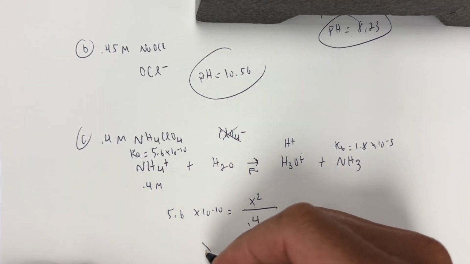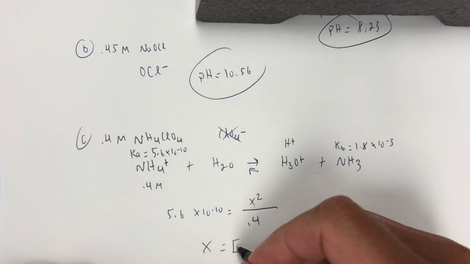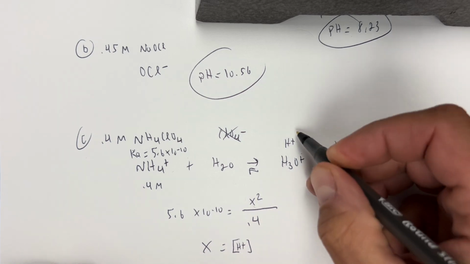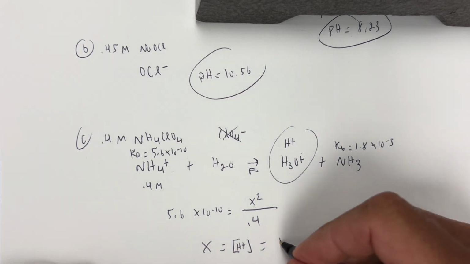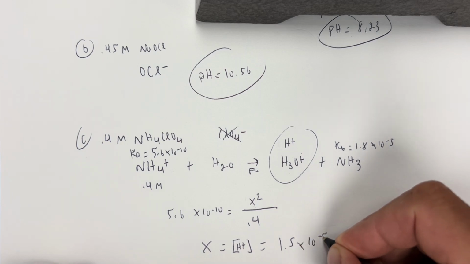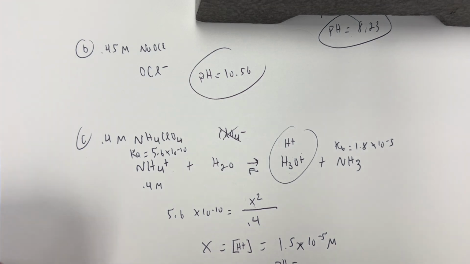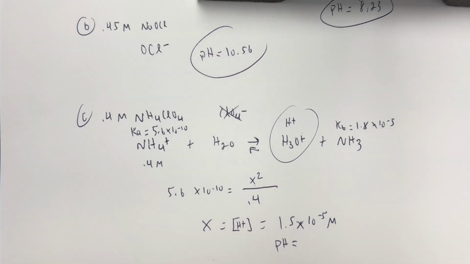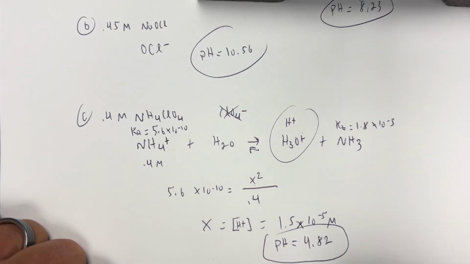Cross multiply, square root. X, since this is a Ka value in this case, is the concentration of H plus or H3O plus. And in this case, it is 1.5 times 10 to the negative fifth molar. pH is the negative log of that. And the pH is 4.82.